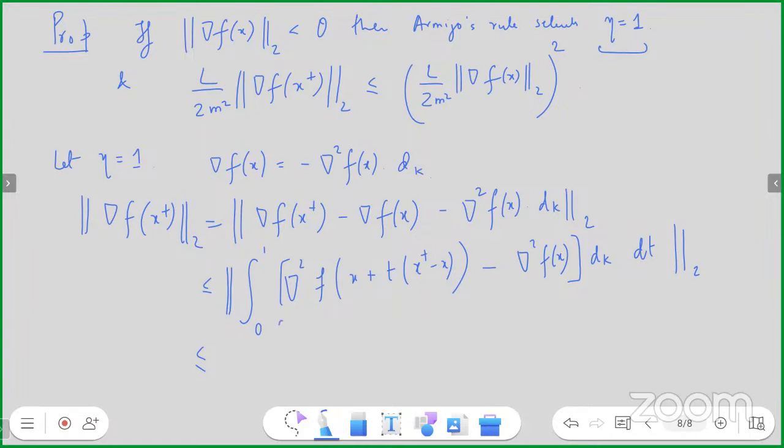I can essentially also move the integral outside. Del square f of x plus t dk minus del square f of xk dt.